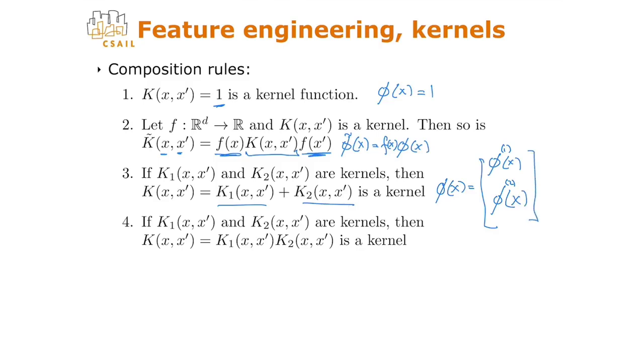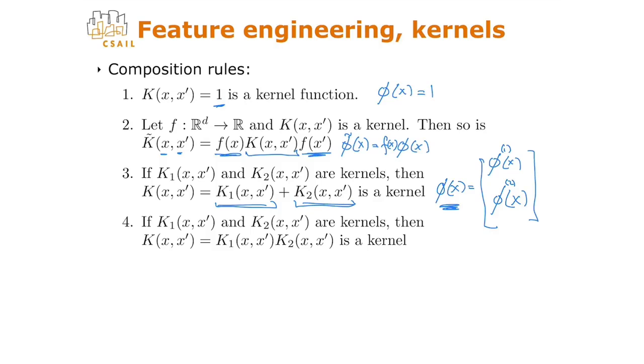And if you take an inner product between these 2, you get 2 inner products, one with respect to the phi 1 representation, giving k1, and added to that is the inner product between the feature vectors corresponding to phi 2.